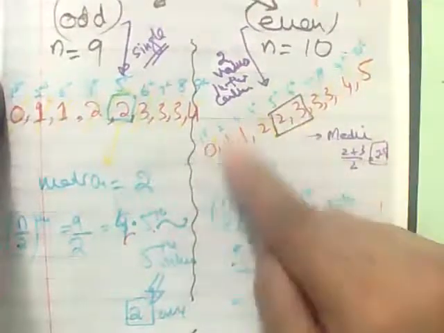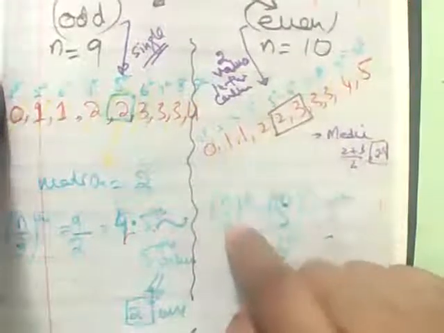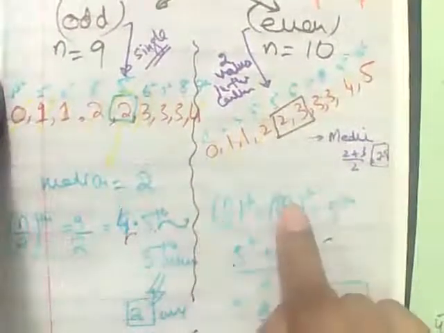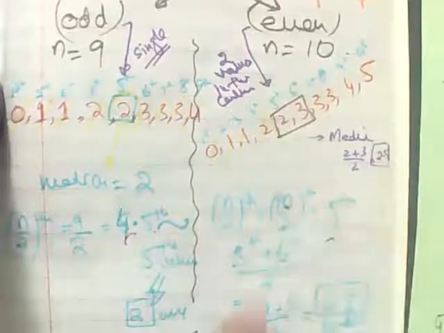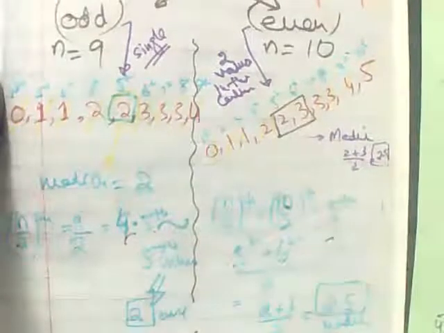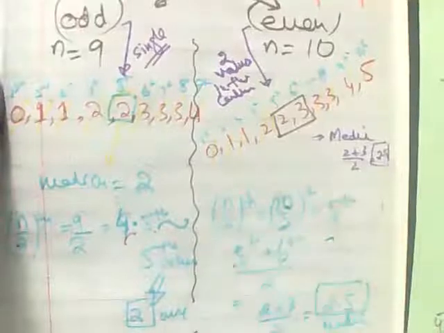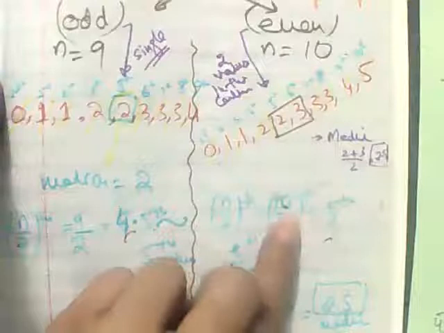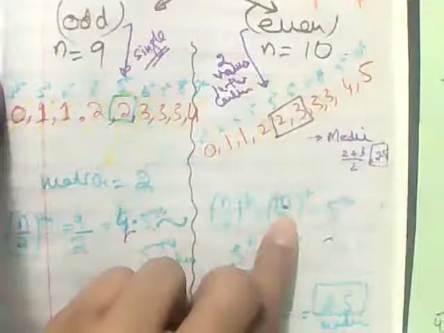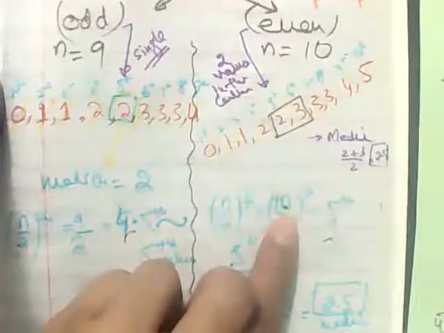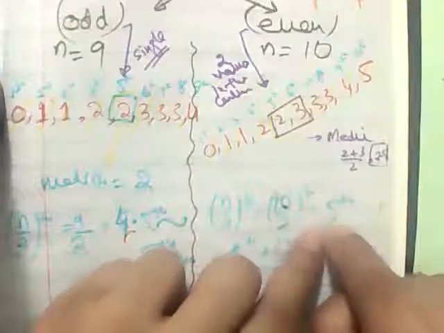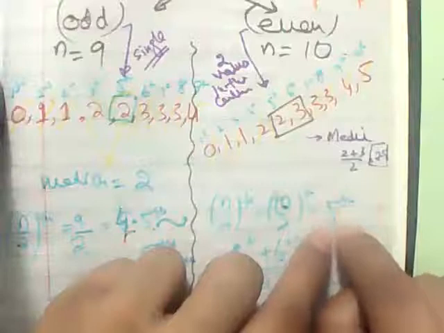Now again, this was easy with cancelling, but I'm using the same formula here. N upon 2, n is 10, 10 upon 2, so this is 5. According to the formula, my answer should be the fifth value. But what I have just learned is that whenever there is an even number of data, I should have two values in the center.